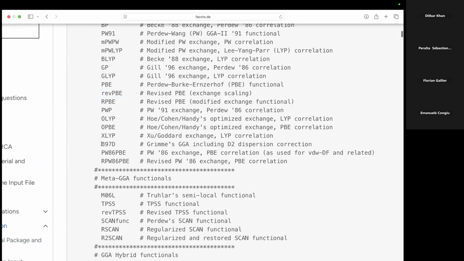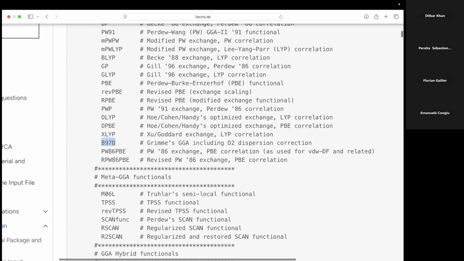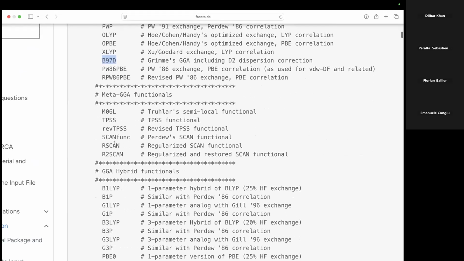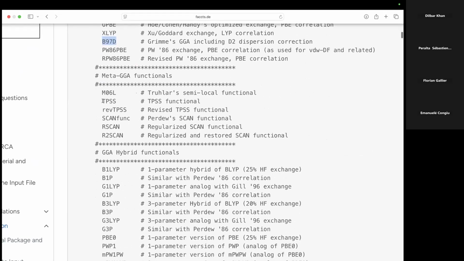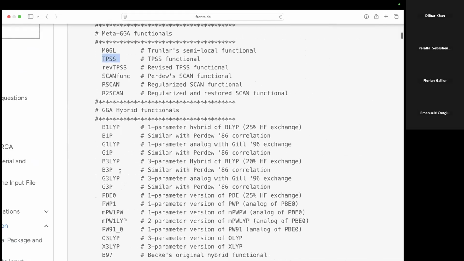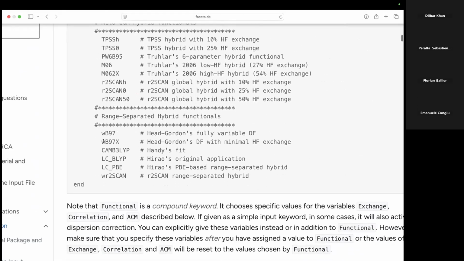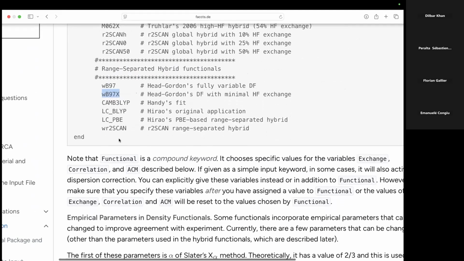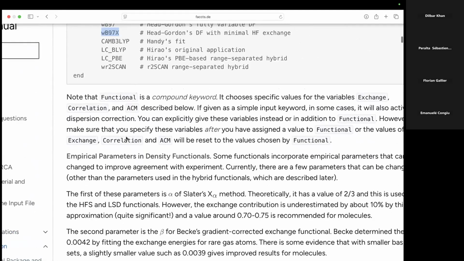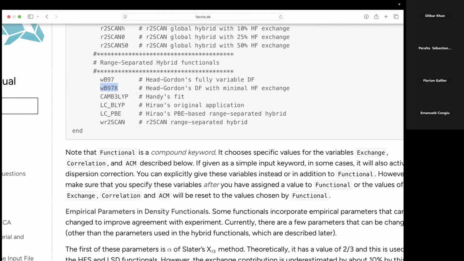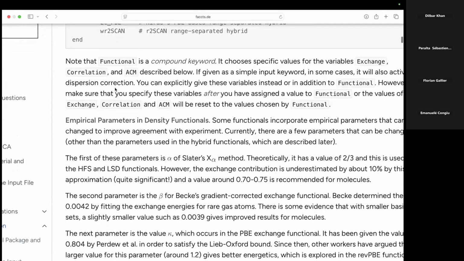So maybe B97-D is also one of my favorites, and also TPSS I typically employ in my computations. These range-separated hybrids are also very good. I heavily use omega B97X in my research. It gave me reliable results for many practical applications. I highly recommend it. It doesn't mean that the other functionals are bad, but it is my choice.